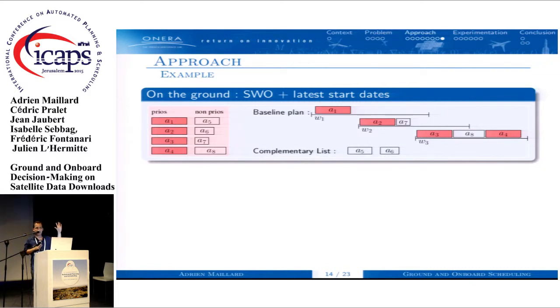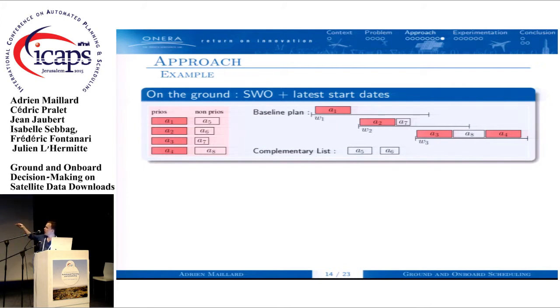So to help the onboard software, we will produce some latest start dates for the high priority observations, so that we can know very quickly if a low priority download will impede a high priority download from executing.